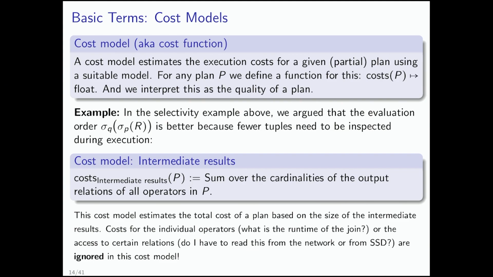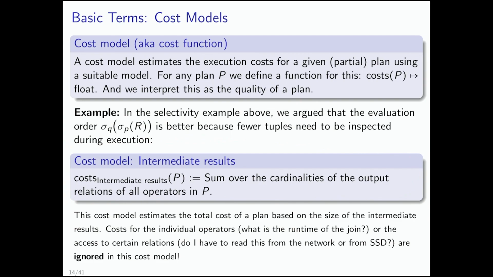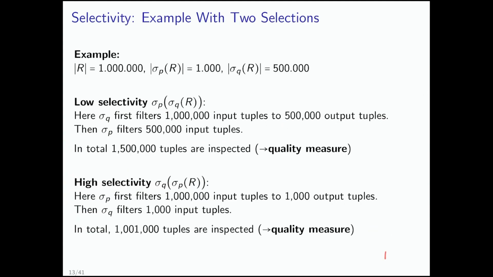And one important thing to note here, in such a cost model, I'm ignoring the size of the inputs. If you go back to this plan, you will see that in both of those calculations, I factored in the 1 million results from the input relation. That doesn't make any sense because it will be used in both of the plans.